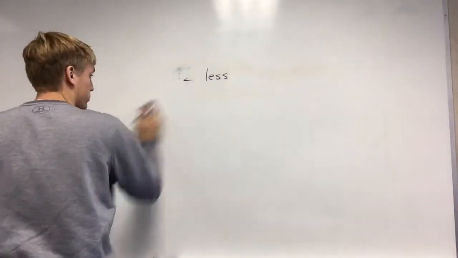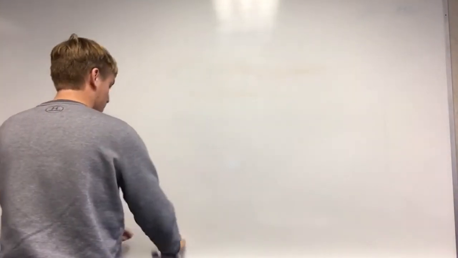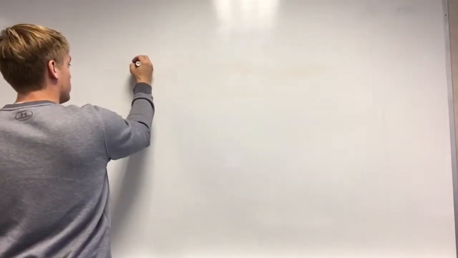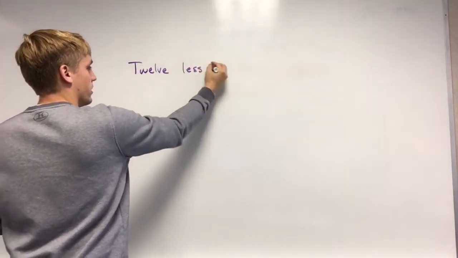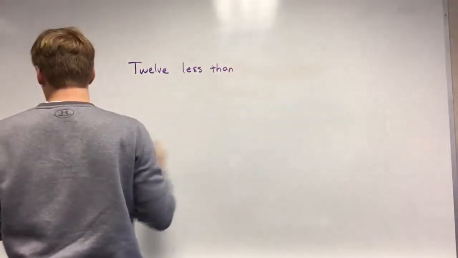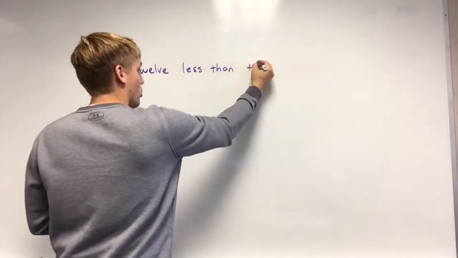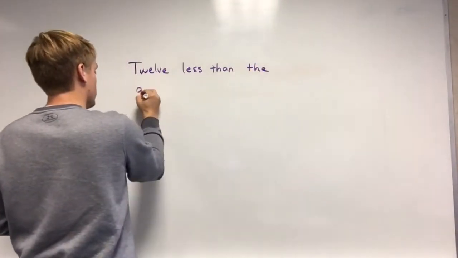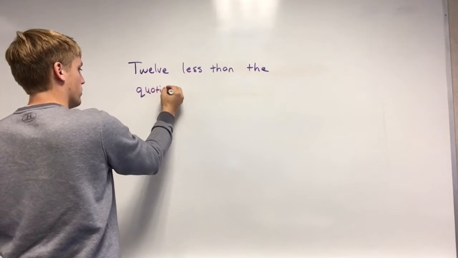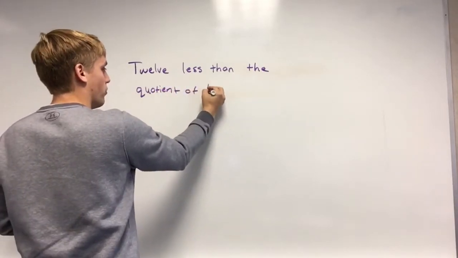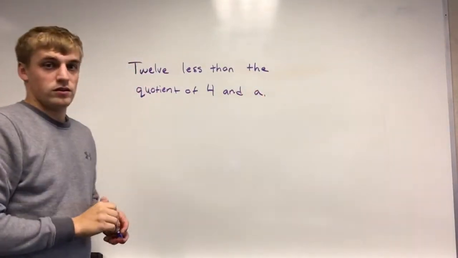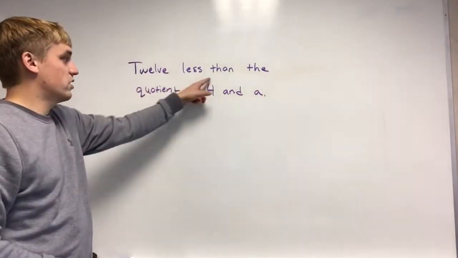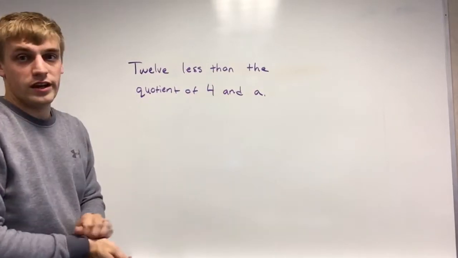I'm actually going to write that out a little more. 12 less than the quotient of 4 and a. 12 less than the quotient of 4 and a.